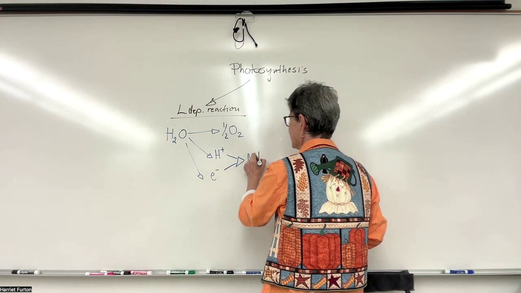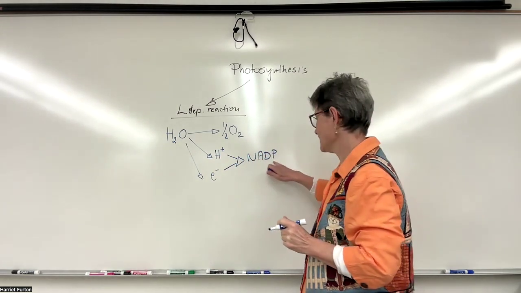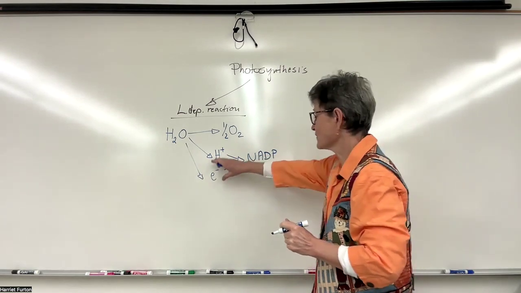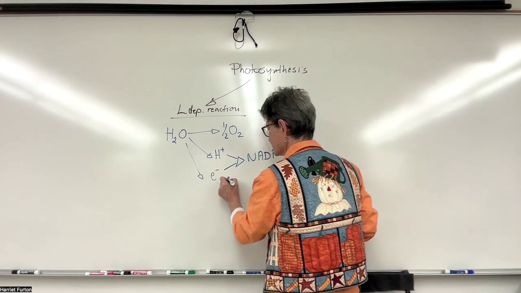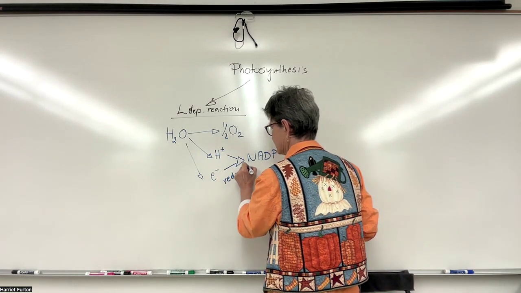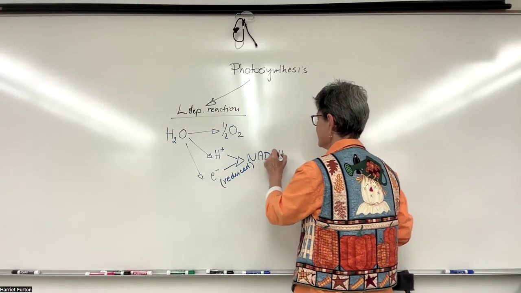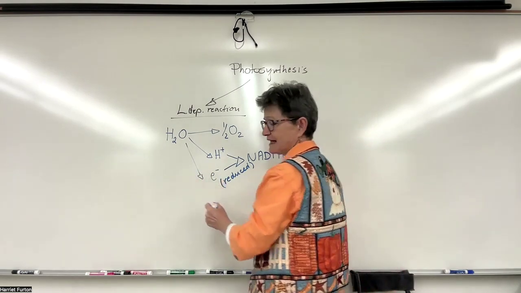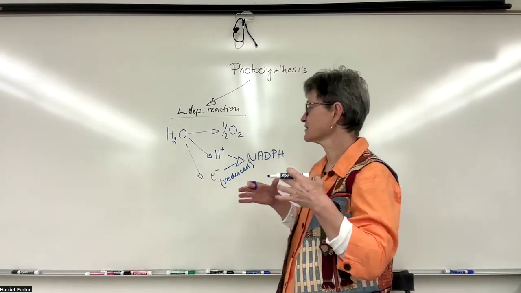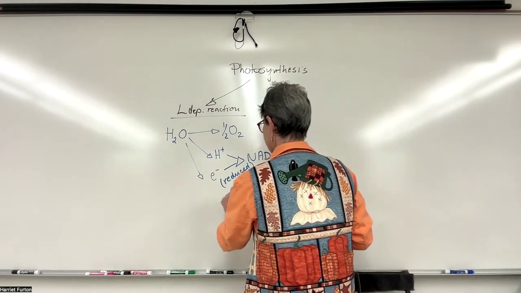by NADP plus, and it's going to get reduced, picking up the electron. So it's going to be NADPH. And the second end product of the light-dependent reaction was the ATP.